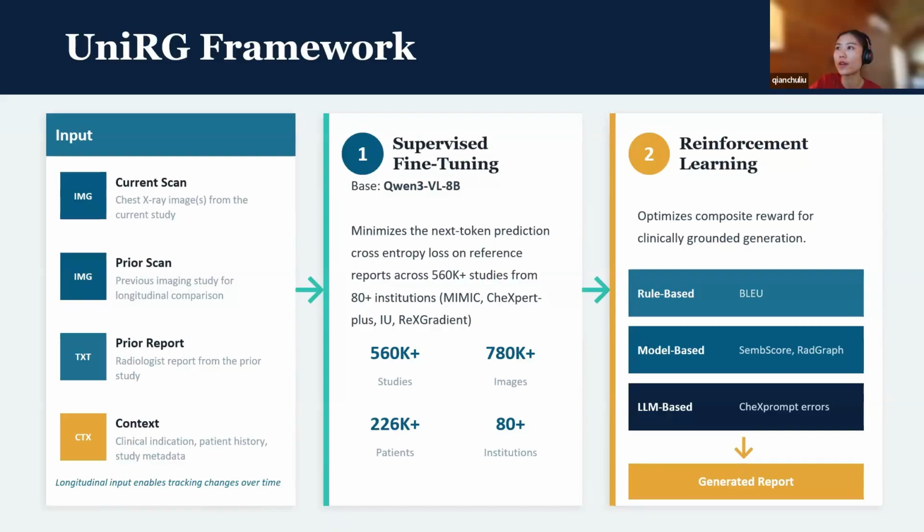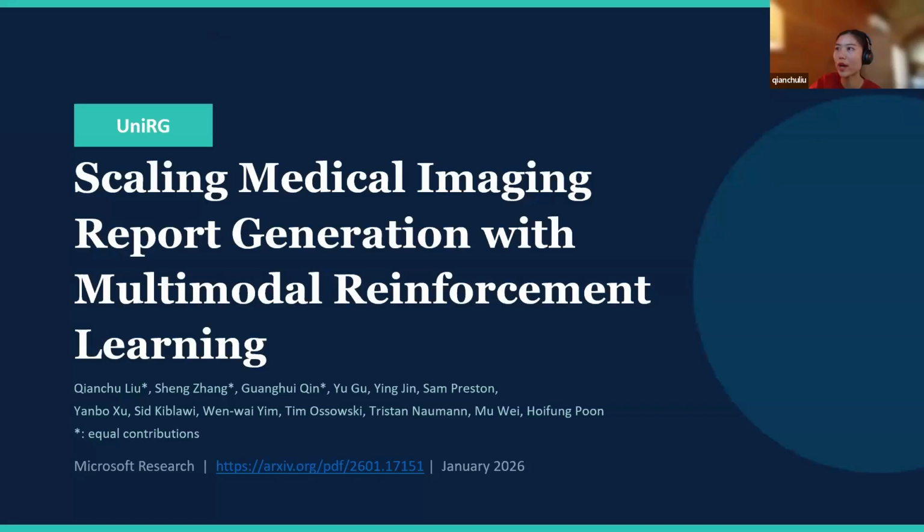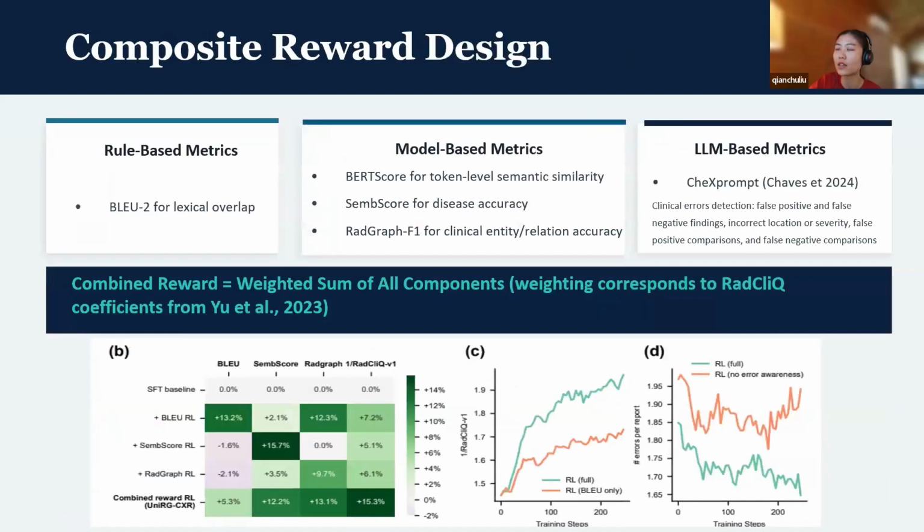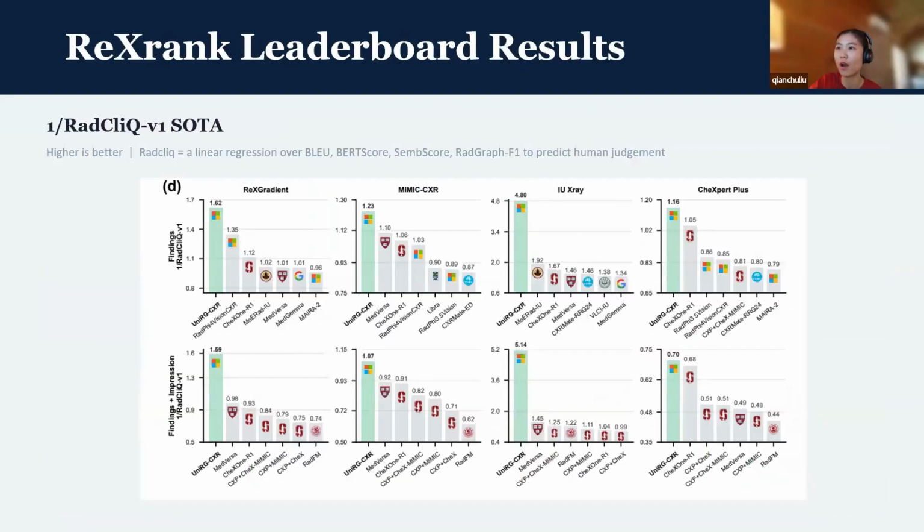Maybe we can look at the slide here with the results. That could hopefully answer your question. So basically, we submitted a model to the RexRank leaderboard, which compares with the current SOTA radiology report generation models in the field, and we see quite a significant boost of our model compared with the previous models.